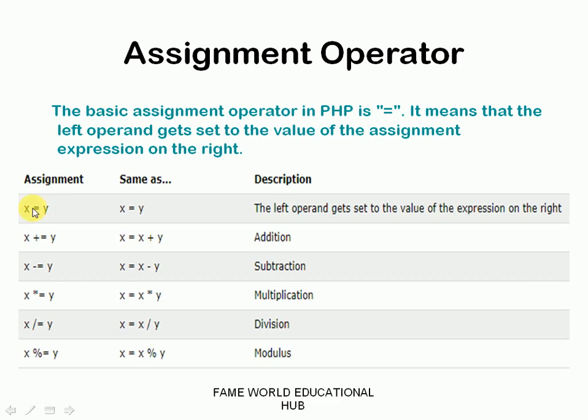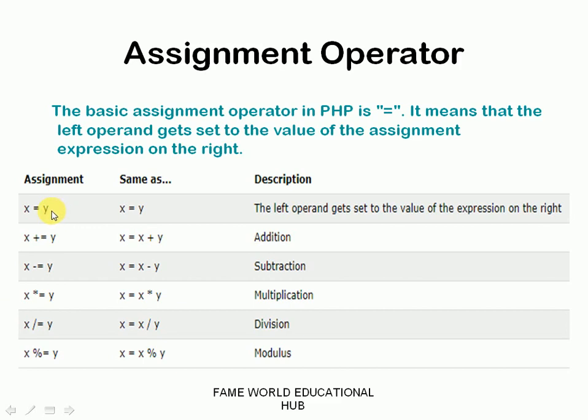These assignment operators are also known as shorthand operators, and the second column represents the normal assignments, and the first column represents the shorthand assignments of these particular assignments.